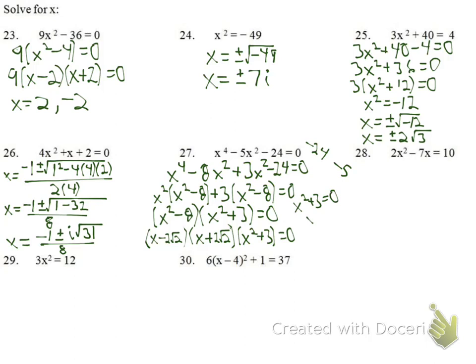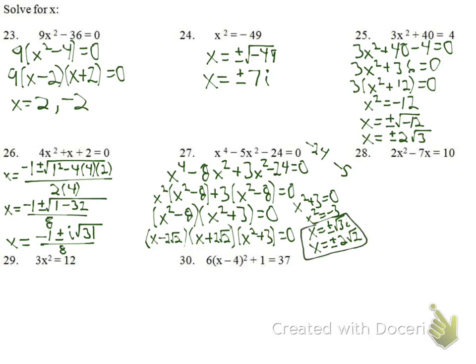We would get that x squared equals negative 3, so x equals plus or minus the square root of 3 i. And since we have imaginary numbers, we can actually get the solution. So that will be one of our solutions, x equals plus or minus root 3 i. The other one will be plus or minus 2 root 2, like we got from the 8.